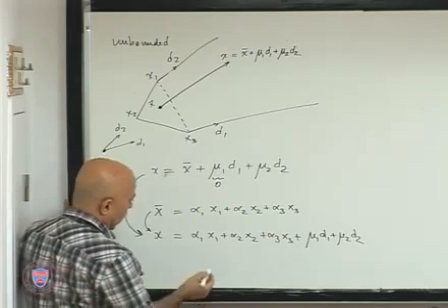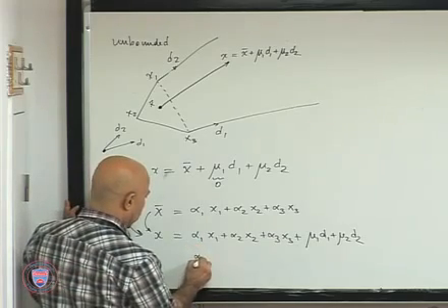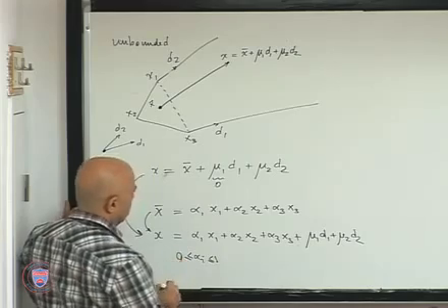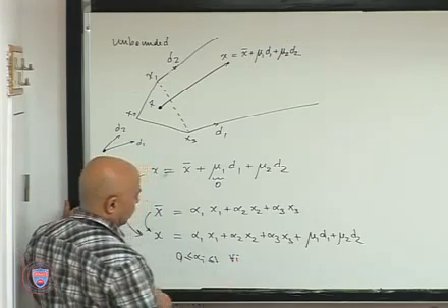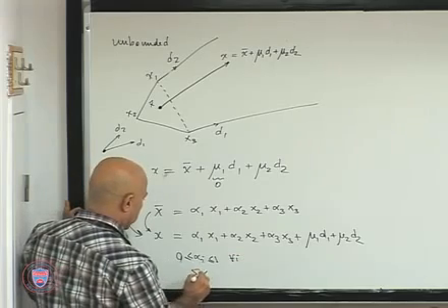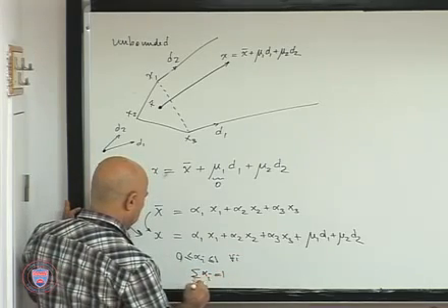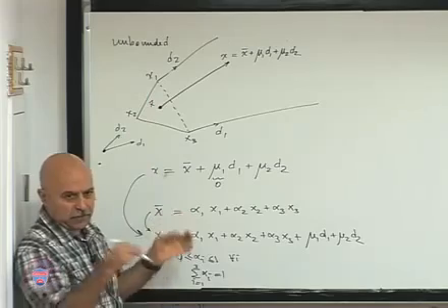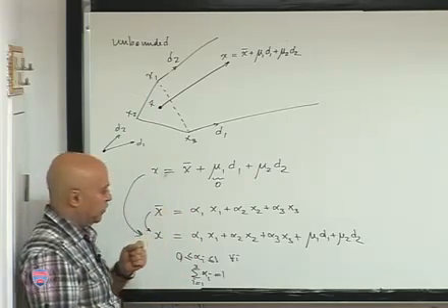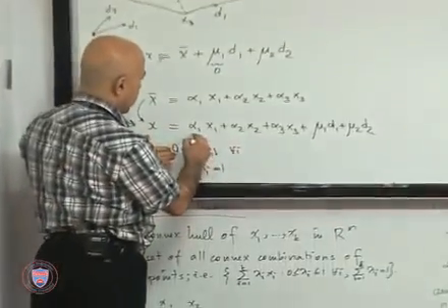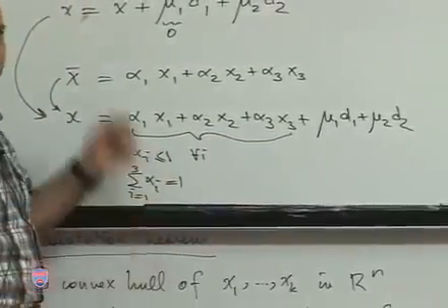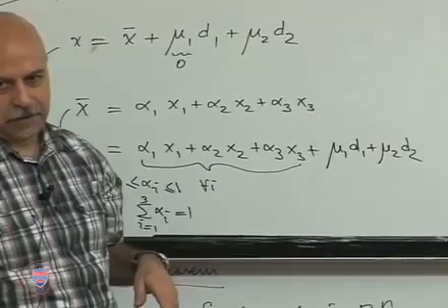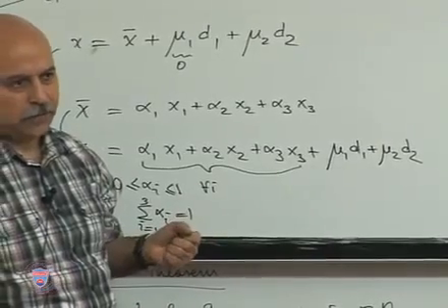And we have what we want, because alpha i are between 0 and 1, for i going from 1 to 3, and they add up to 1. How do I know that? Because X bar is a convex combination of these extreme points. It's picked from the convex hull of the extreme points. Okay? So that gives you a convex combination of the extreme points plus a non-negative combination of the extreme directions. Okay? Which is what we wanted to have.